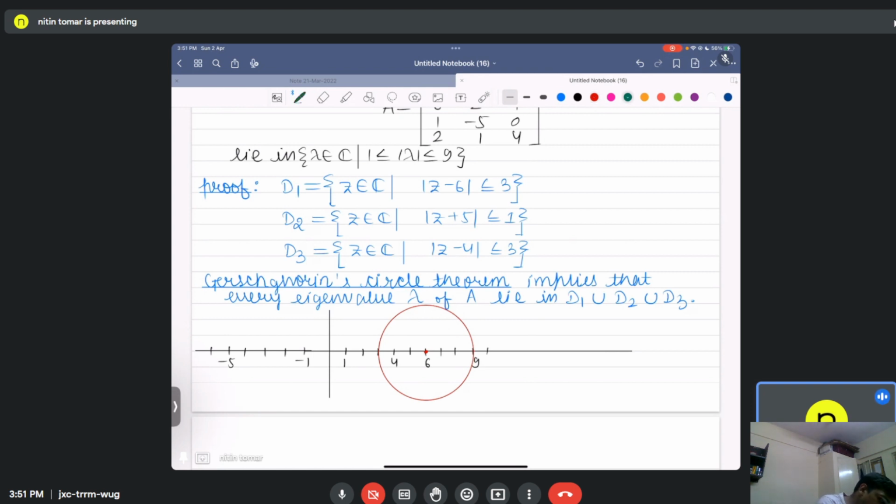Then D2 is centered at minus 5 with radius 1. So this is D2. And the last is centered at 4 with radius 3.